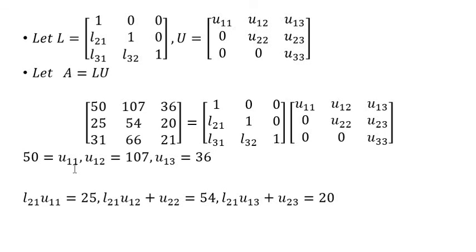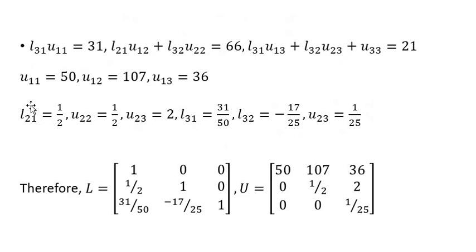So we get U11 equal to 50, U12 equal to 107, U13 equal to 36, and also L21 U11 equal to 25, L21 U12 plus U22 equal to 54, L21 U13 plus U23 equal to 20, and also L31 U11 equal to 31, L31 U12 plus L32 U22 is 66, L31 U13 plus L32 U23 plus U33 is equal to 21.